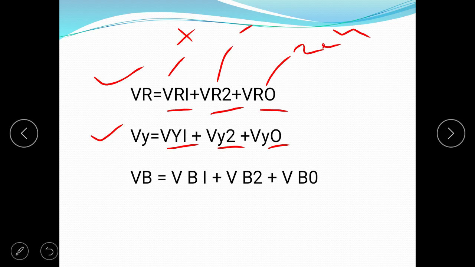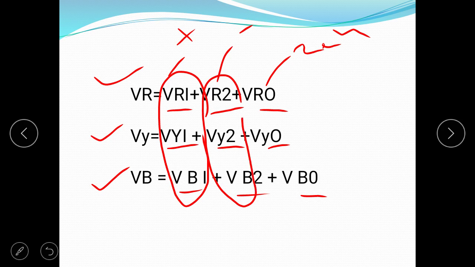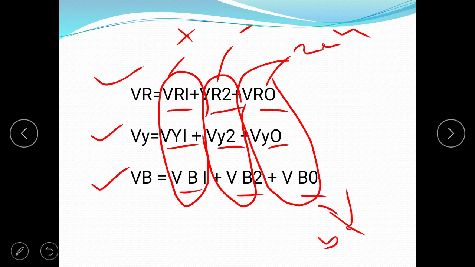And for phase B, VB = VB1 + VB2 + VB0. So VR, VY and VB are unbalanced, but VR1, VY1, VB1, VR2, VY2, VB2, and VR0, VY0 and VB0 are balanced sets of components.